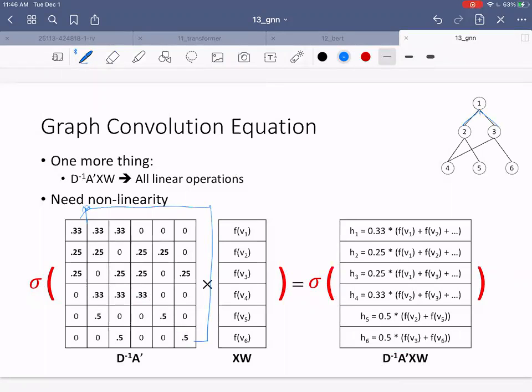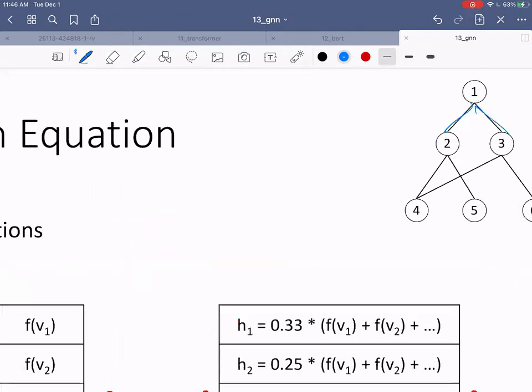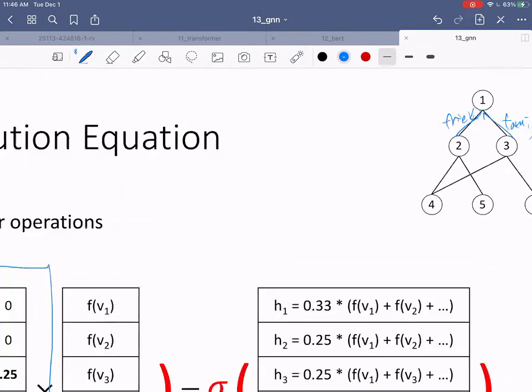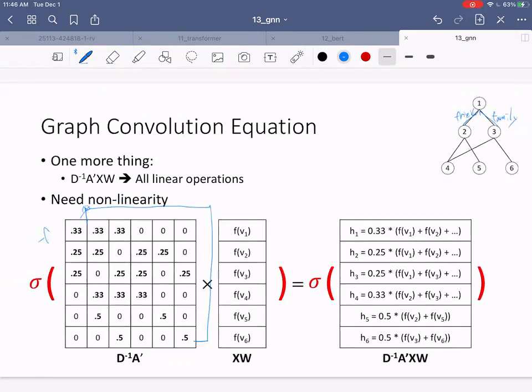For example, if this edge type was friends, and this edge type was family, your first matrix could be the friends matrix, and your second matrix would be the family matrix. Then the relationship between 1 and 3 should not be in the friends matrix, because 1 and 3 are not friends, they're family.